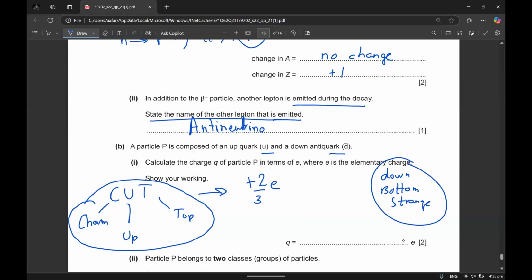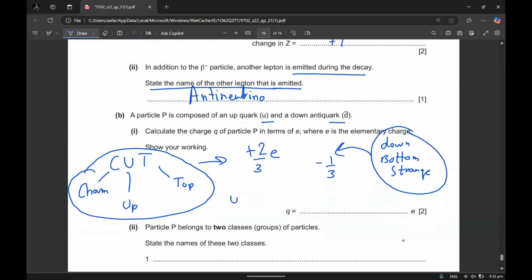So they'll have a charge of -1/3. So an up plus anti-down means +2/3 plus anti-down, and down has negative charge, so anti-down has a positive charge. The total charge will be 1 elementary charge.